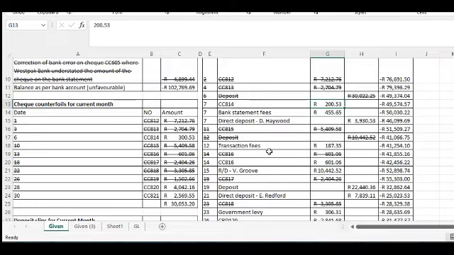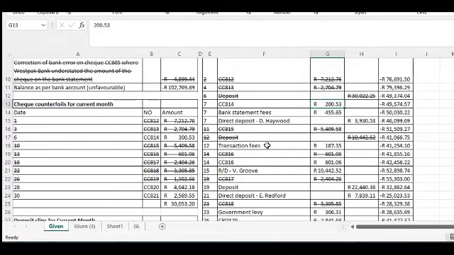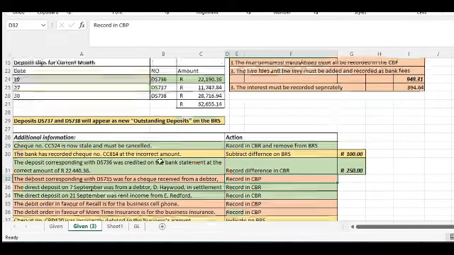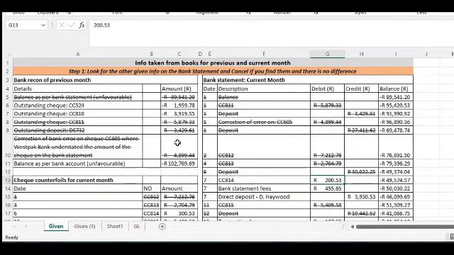It is on this initial statement where we will actually see that transaction, being the deposit corresponding with DS735 for a check received from a debtor. If we look here, the outstanding deposit was 732.